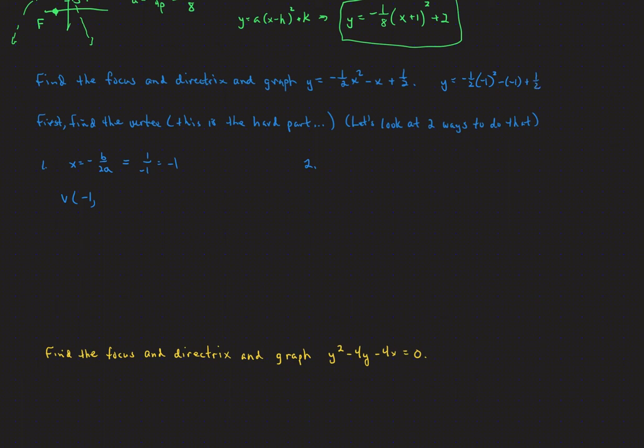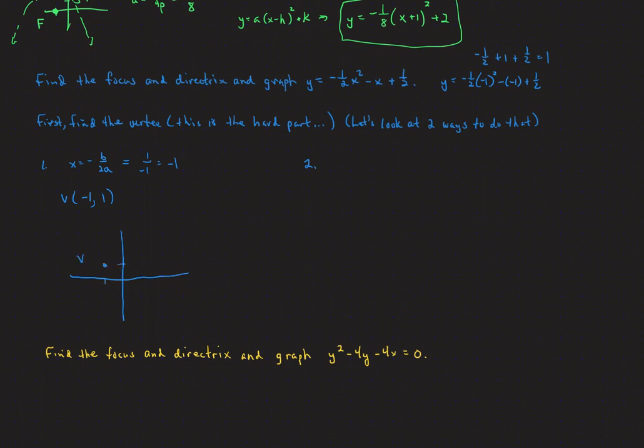So negative 1 squared is 1, times negative a half is negative a half, plus 1 plus 1/2 looks like 1. So our vertex is going to be negative 1, 1. So there's negative 1, 1 right there.